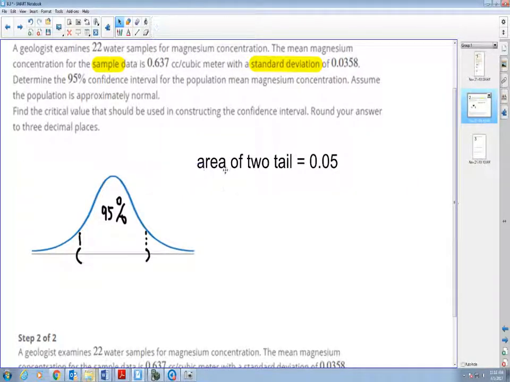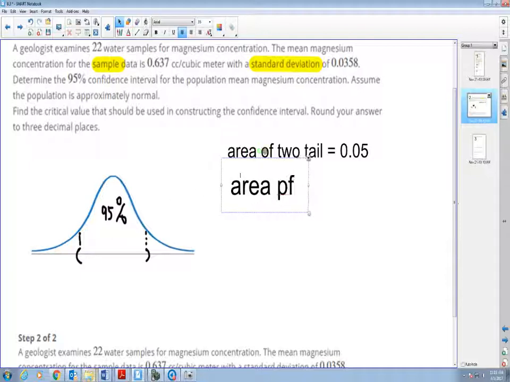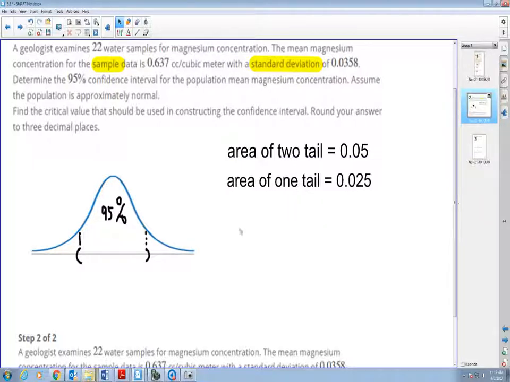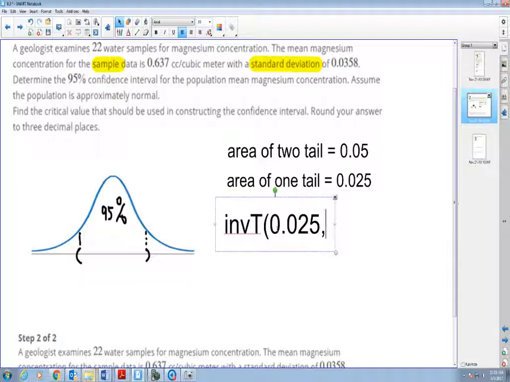So the area of one tail, it doesn't matter if it's the one on the left or on the right, is going to be 0.025. Then I can do the inverse t, tapping in the area to the left. If I tap in the area to the left, it's going to give me my negative t-value: 0.025, comma. Here's a tricky part. What's my degree of freedom?